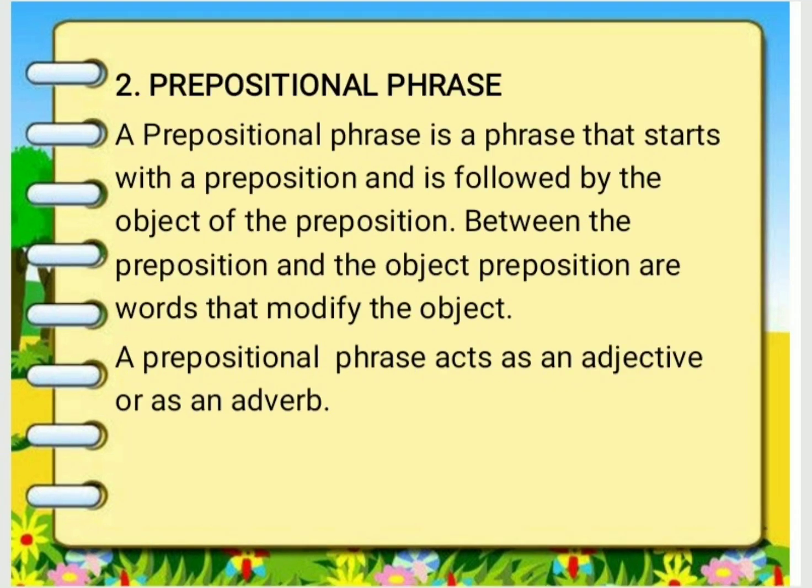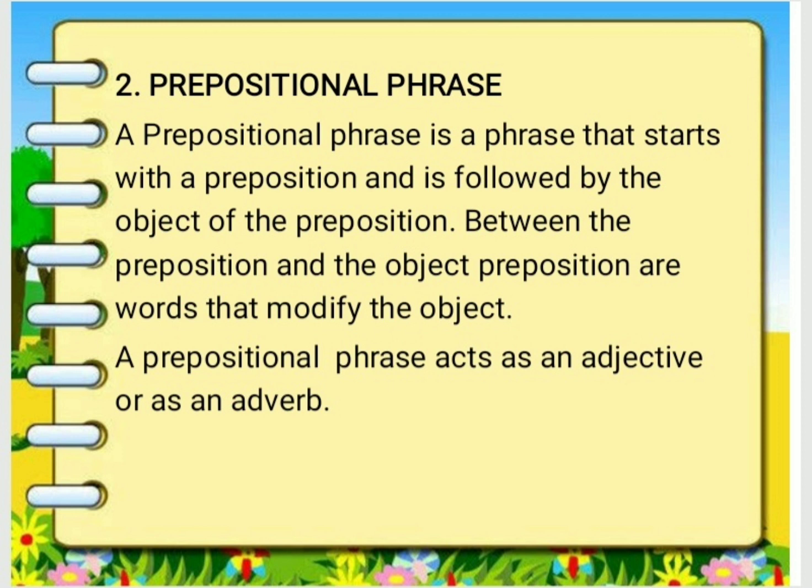So now, let's proceed to number 2. Number 2 is the prepositional phrase. A prepositional phrase is a phrase that starts with a preposition and is followed by the object of the preposition. Between the preposition and the object of the preposition are words that modify the object.